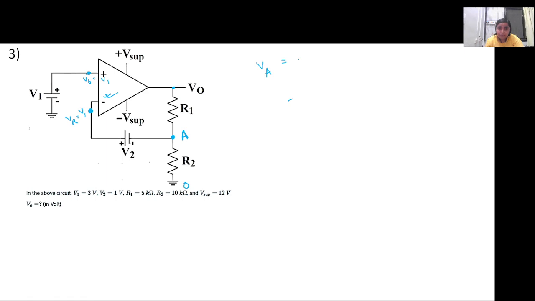At this node it is V1, so it will be V1 minus this particular voltage V2. So VA will be equal to V1 minus V2.